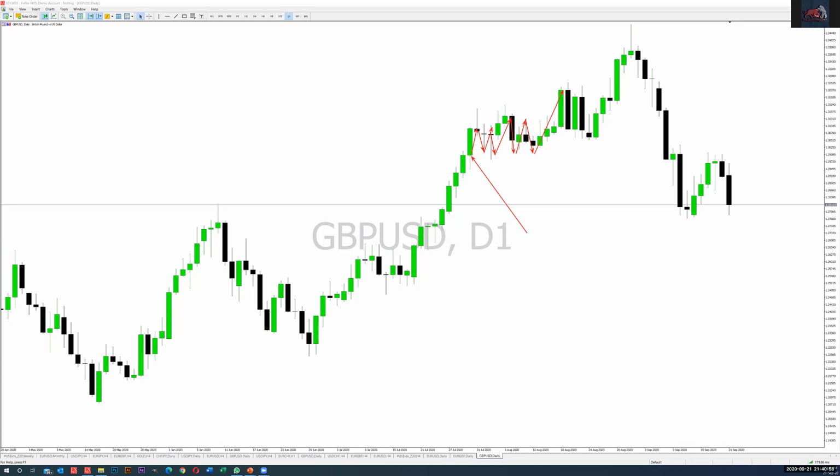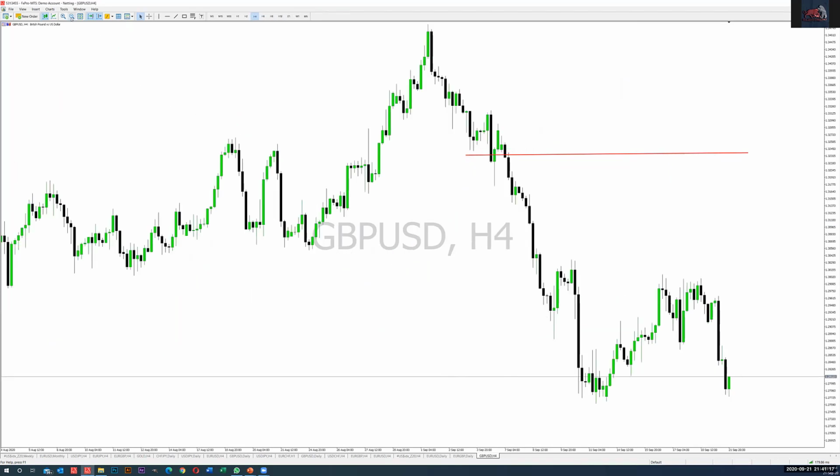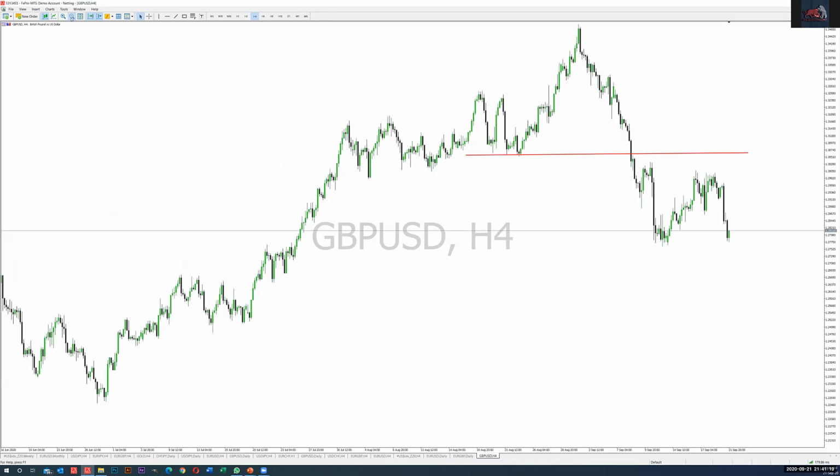Now let me clear up. I'm going to highlight the demand zone. Let me go to a lower time frame. We're on H3. Let's go to H4 and zoom out a bit. This is where the demand was created.